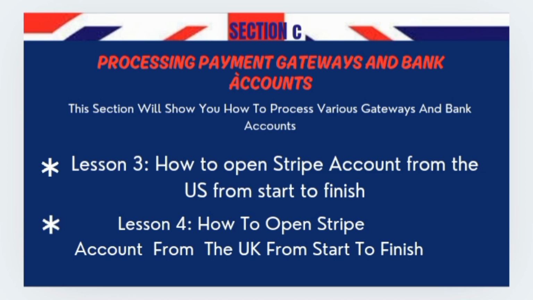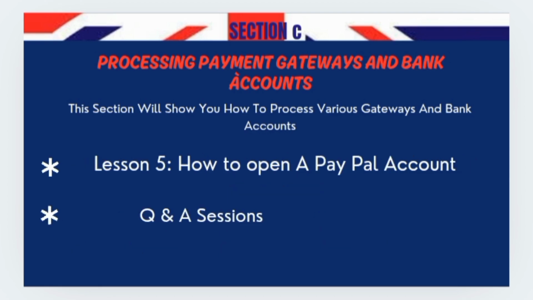Lesson 4, how to open a Stripe account from the UK from start to finish. The difference is that the first one is how to open it from the US, and the second is how to open it from the UK. The last one is how to open a PayPal account. Then a possible Q&A section.